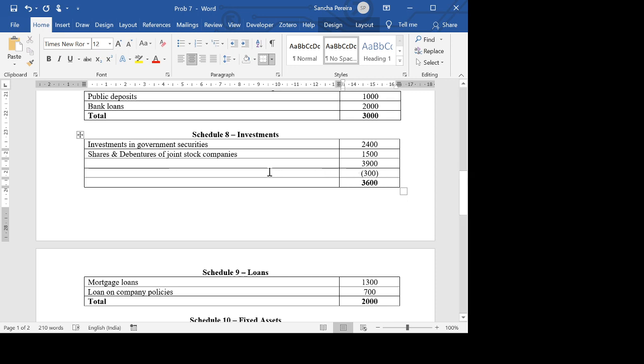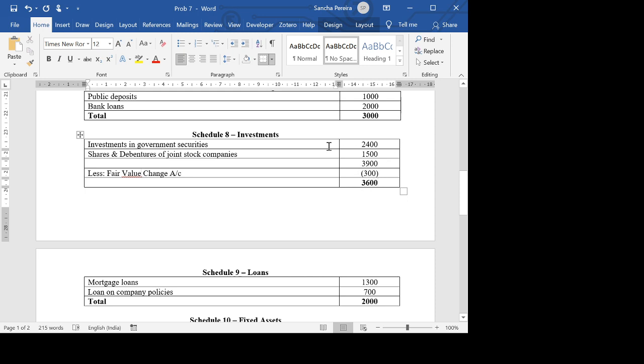is adjusted towards the fair value change account. When we are showing it in the books, we can't show it at a wrong value. If we show it at 3,900, we're showing a wrong value because the actual value of the investments is 36.